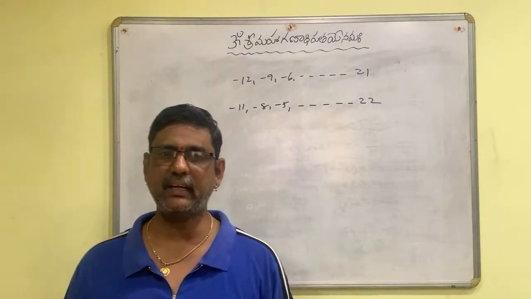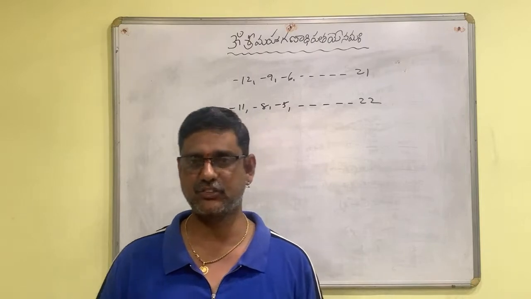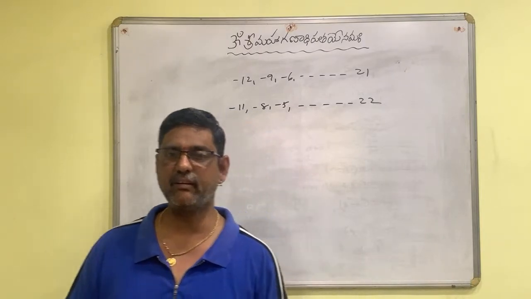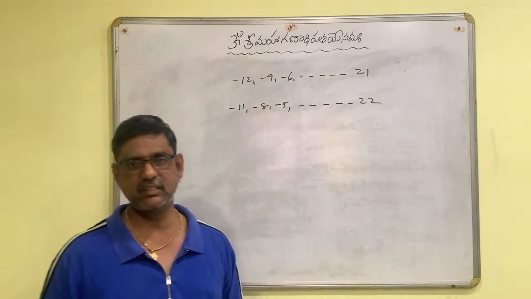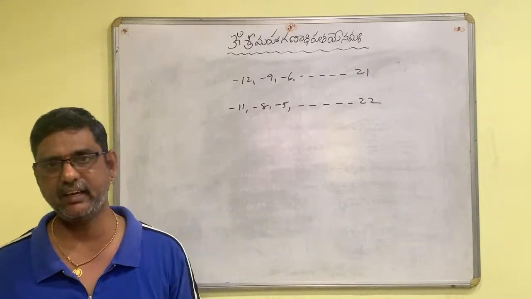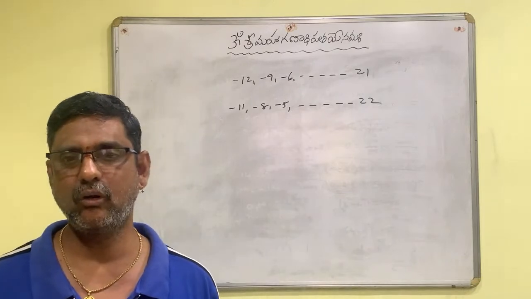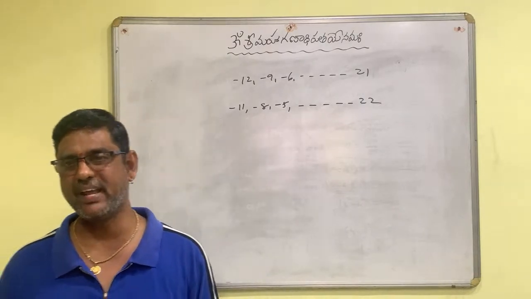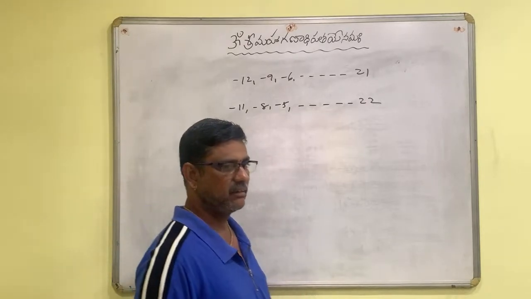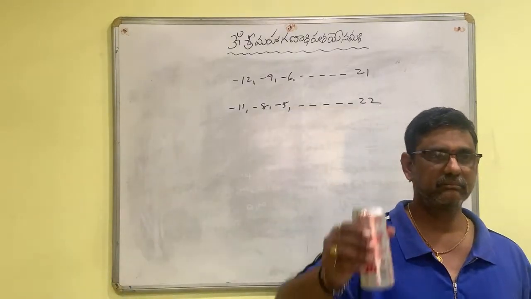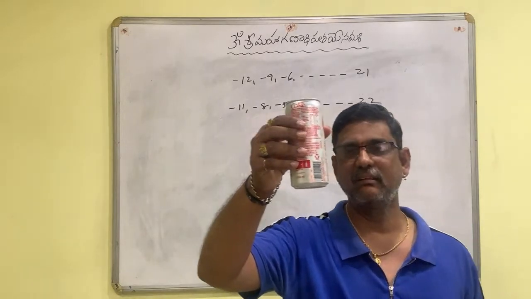He saved 33,000 rupees in 10 months, that means N is 10. You know Sn, you know D, you know N. Find out A. Do it fast, children.